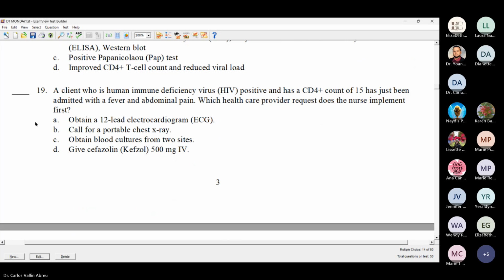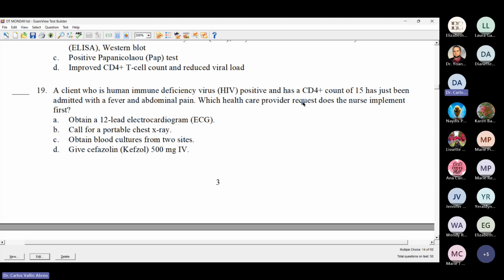Makes sense. Next, a client who is HIV positive and has a CD4 count of 15. My goodness, how low. The CD4 count should be above 600 in normal people. If the CD4 count drops to 200 or less, then the client is going to develop the immune deficiency syndrome.